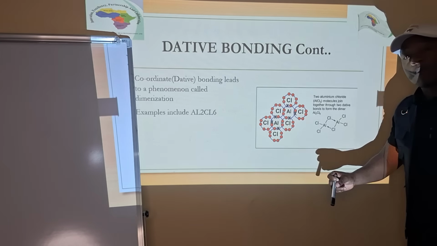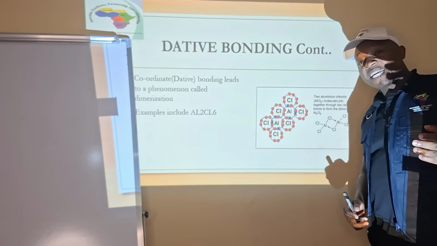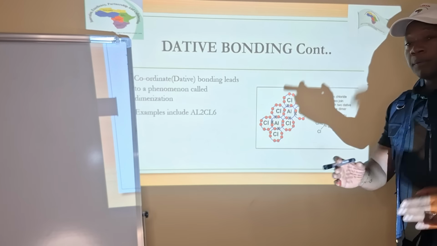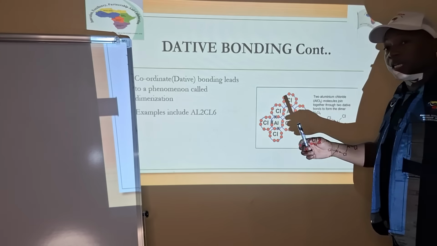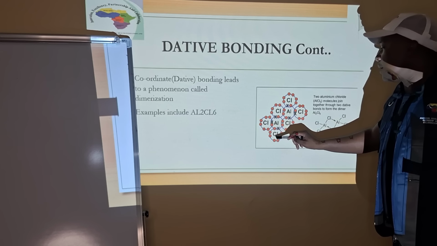aluminium, we know it has an atomic number of 13, which means it has 3 electrons in its outermost shell, right? So when aluminium bonds with chlorine, it will be a covalent bonding in which it will be sharing its outermost electrons with a chlorine atom.